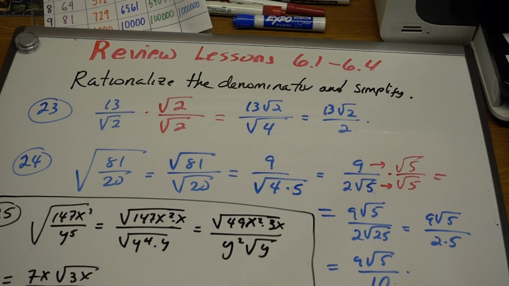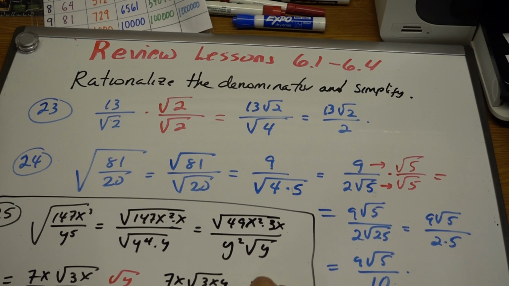We're not done because we have a square root on the bottom, so we need to multiply top and bottom by square root of y. So the y is going to go up inside with this one: 7x times the square root of 3xy over y squared times square root of y squared.